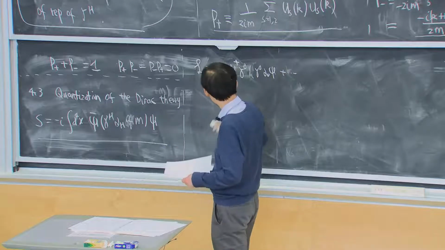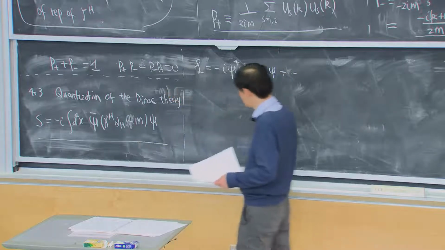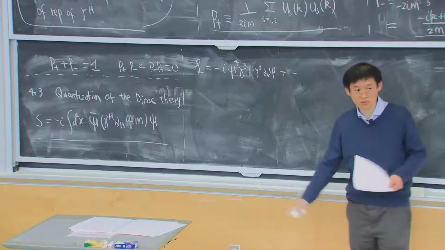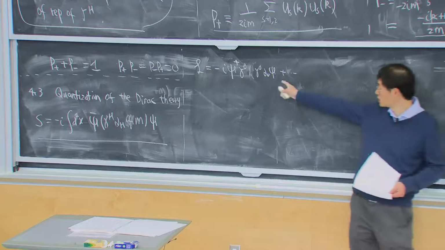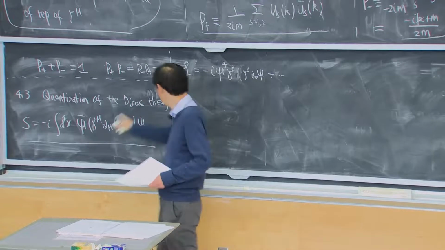In order to find the canonical momentum, we are only interested in the part of the Lagrangian density related to the time derivative. That's the only term involving the time derivative of psi, psi bar or psi dagger.